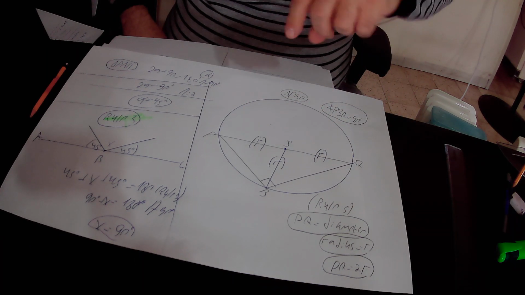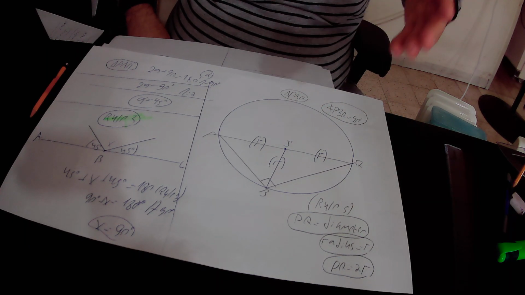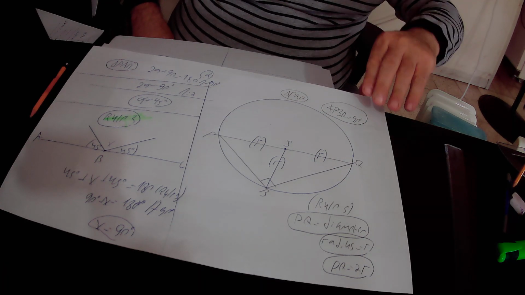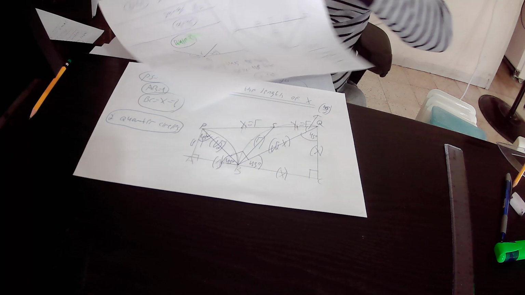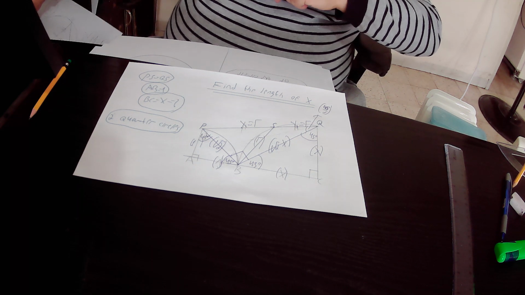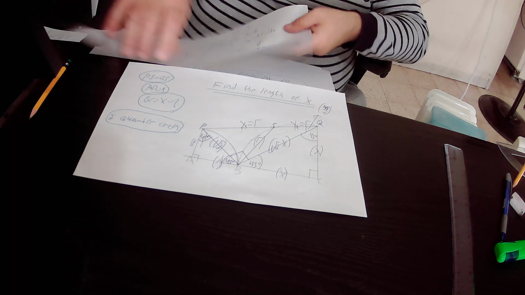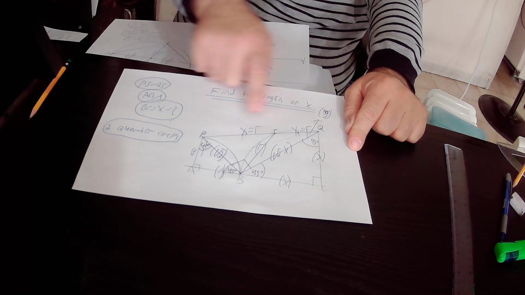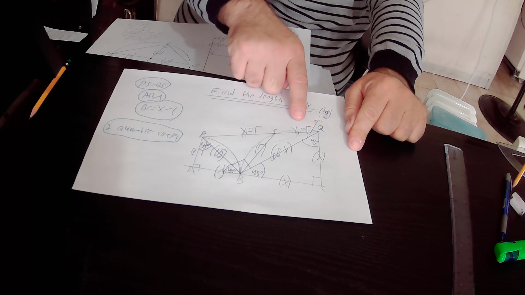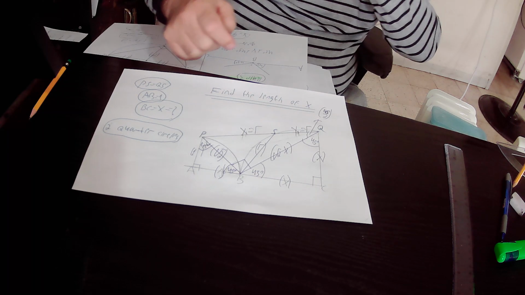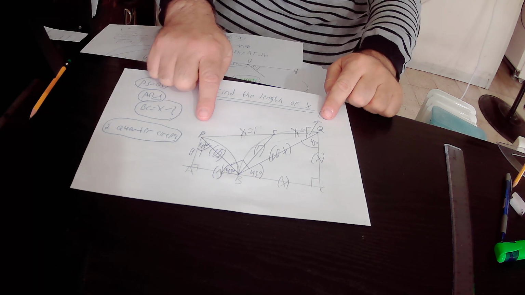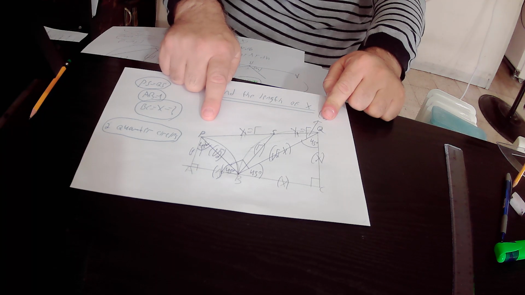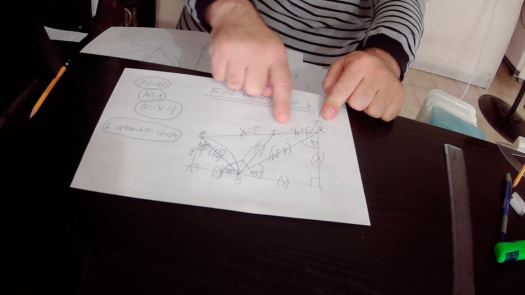So if we define the radius of this circle as r, then the diameter PQ must be equal to 2r. That is from one side. But from the other side, we are given the equation that PS equals SQ. So if PS is x, then SQ must also be equal to x because they are equal to each other. So what is the length of PQ? PQ equals PS plus SQ. That is to say, PQ equals PS, that is x, plus SQ, that is also x.